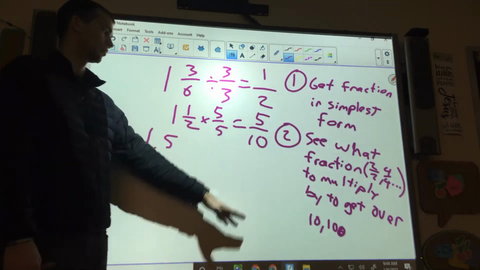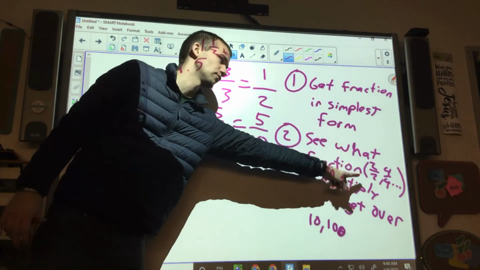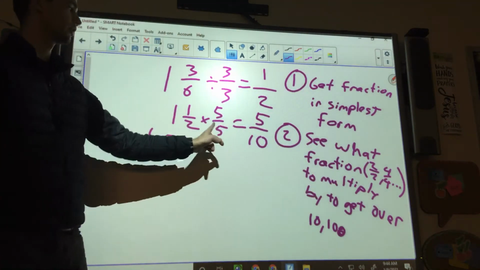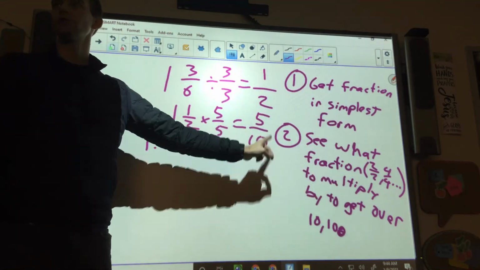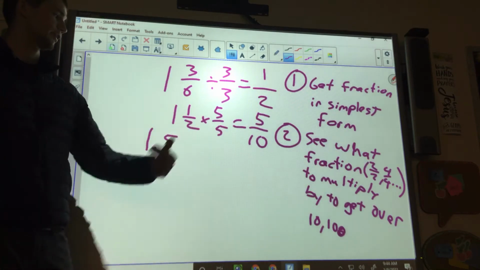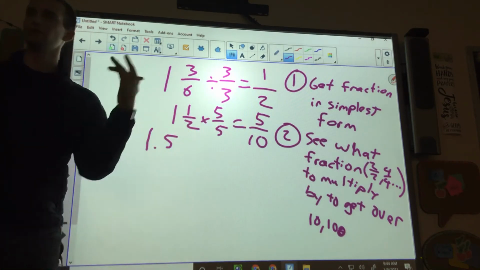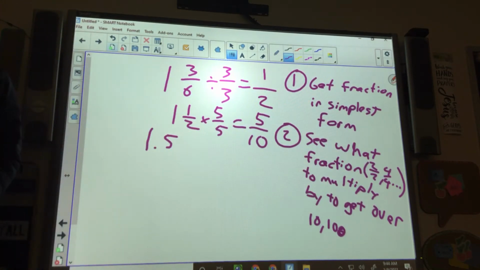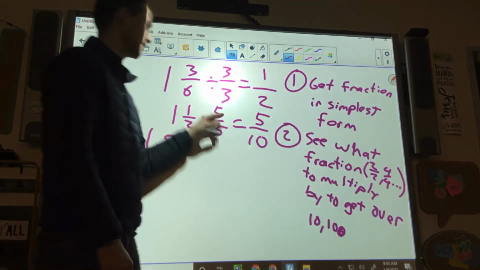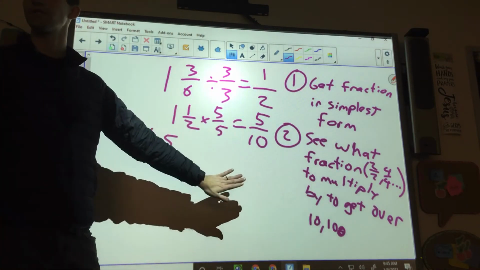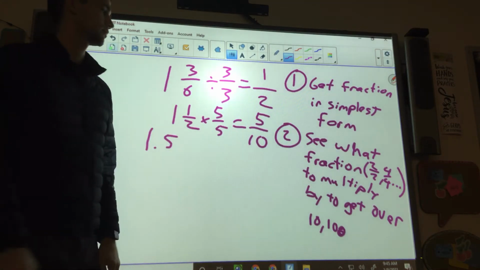So, see what number you have to multiply by. 2 over 2, 4 over 4, etc. To multiply to get this over 10 or over 100. And then from there, 5 over 10, you're good to go. Why would you write get over 10 or 100? Wouldn't you want to be exactly 100? No, to get this top number over 10.